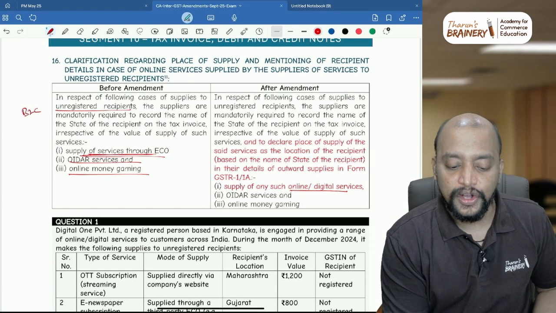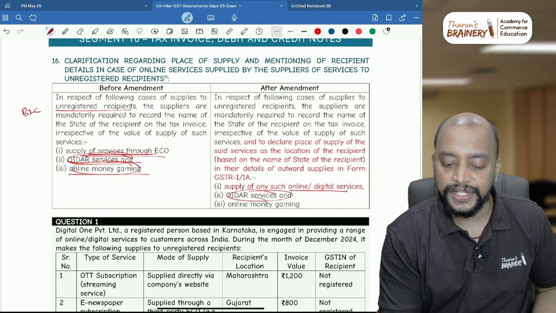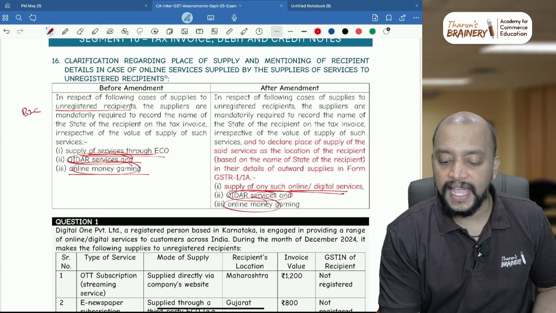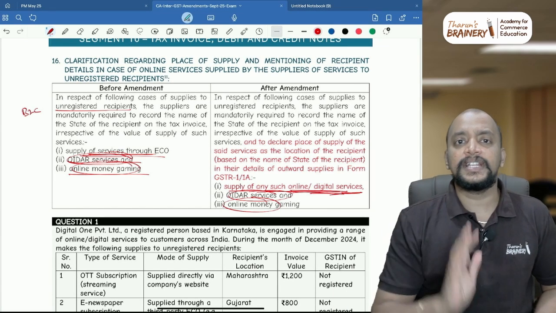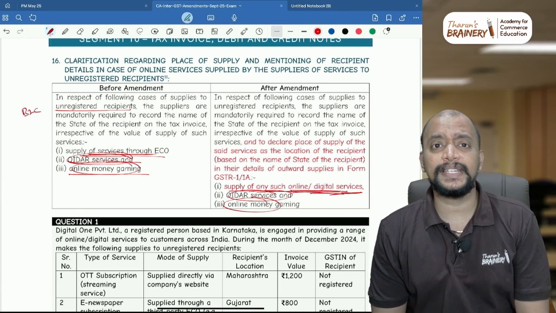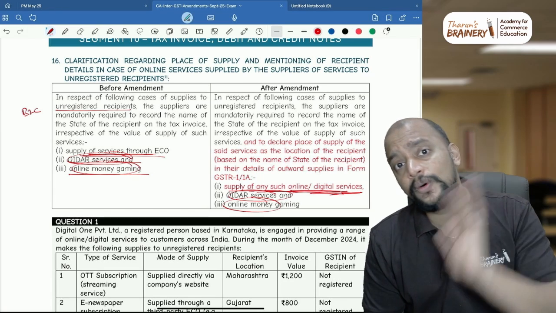Previously, only services through an e-commerce operator were brought in, along with OIDR and online money gaming; now it is also the same. The extra is supply of any online or digital services. For example, OTT, online classes, everything is anyhow OIDR.